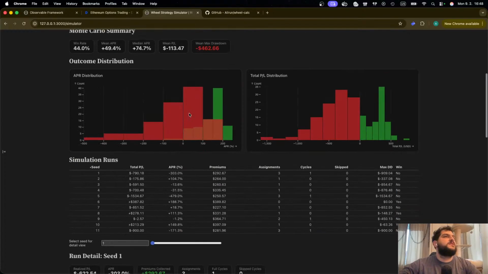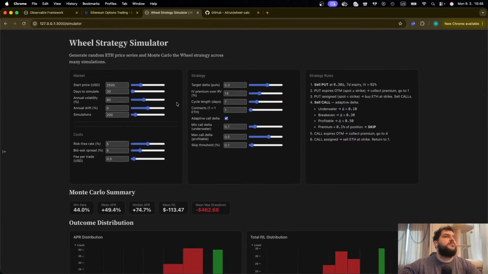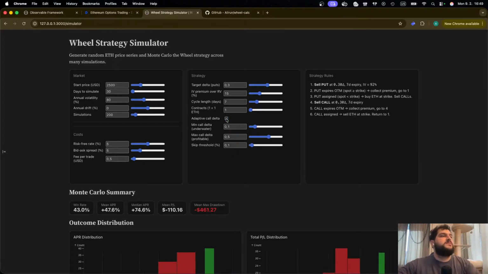Okay, I think playing around with win rate makes sense when we do drastic changes like we just did. Look, we just improved it.